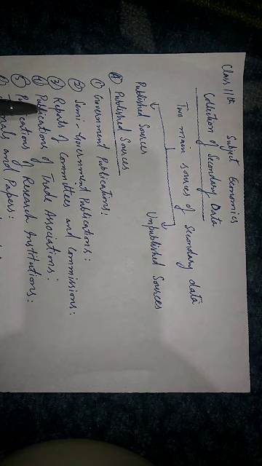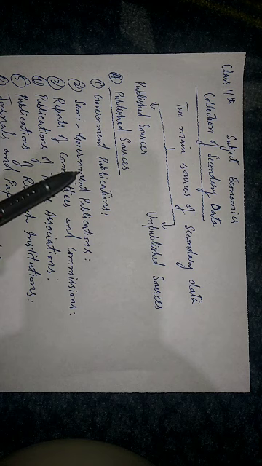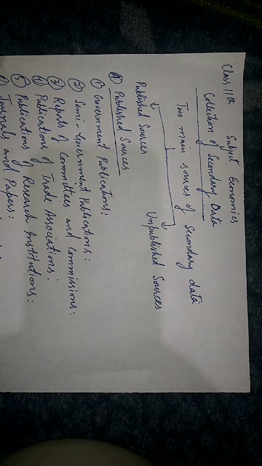The third one is reports of committees and commissions. Committees and commissions appointed by the government also furnish a lot of statistical information in their reports. Finance Commission, Monopolies Commission, Planning Commission are some of the notable commissions in India which supply detailed statistical information in their reports.